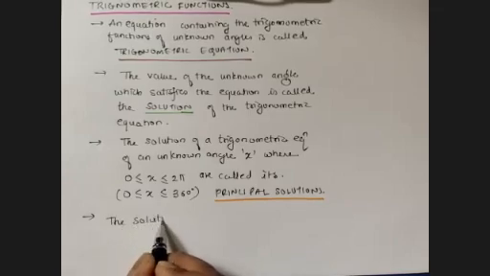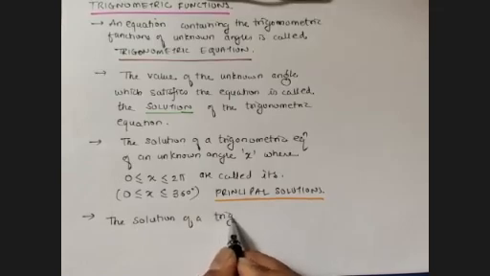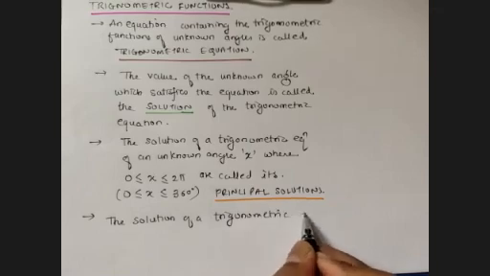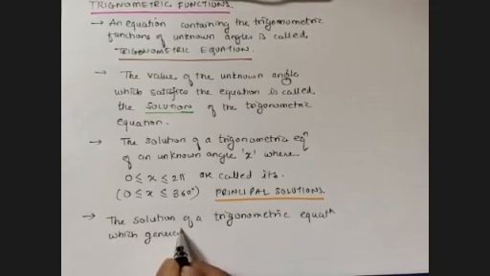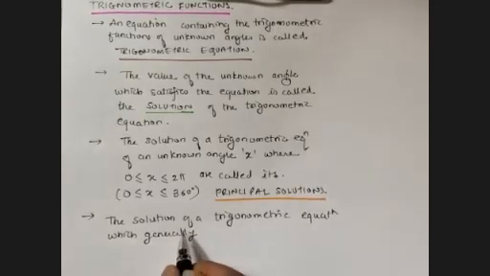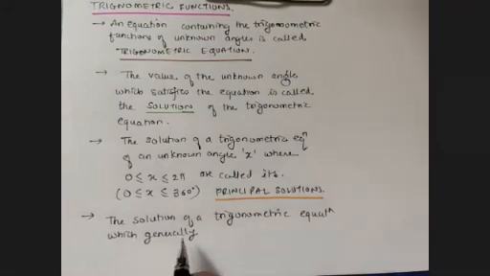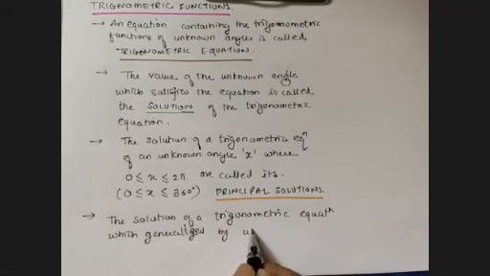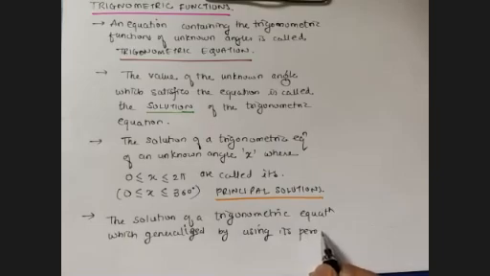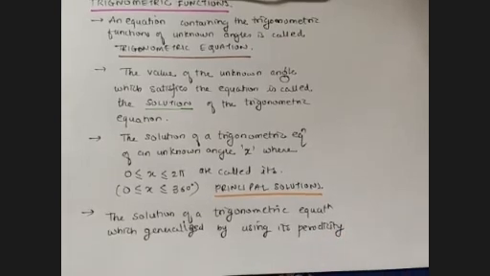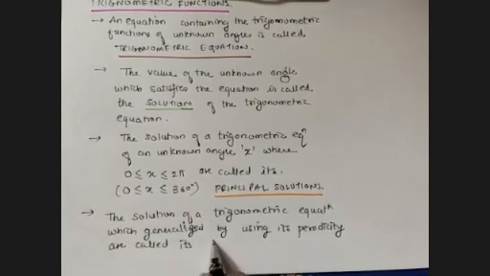The solution of a trigonometric equation which is generalized by using its periodicity, that means any graph which repeats itself in equal intervals, is called its general solution.